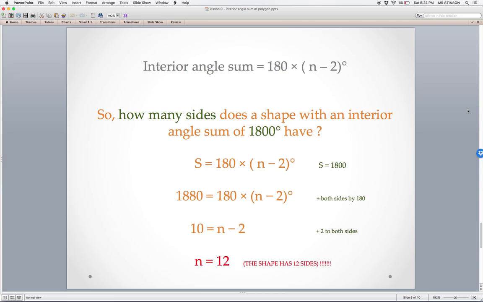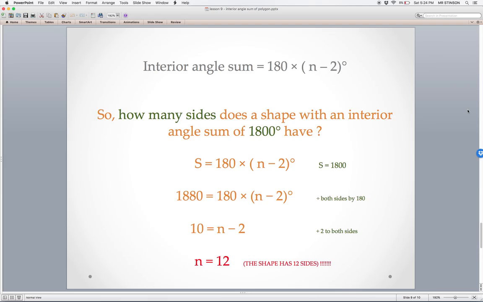Now, using what you know of algebra, we need to divide both sides by 180 to try to get n as the subject of our formula. If I divide the left-hand side by 180, we would get 10. If I divide the right-hand side by 180, we would simply be left with n minus 2.